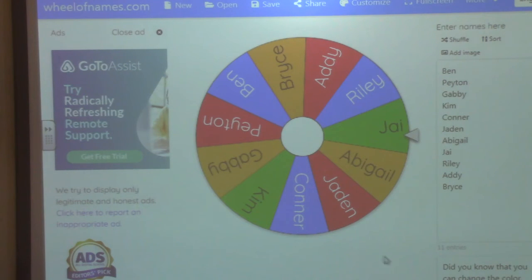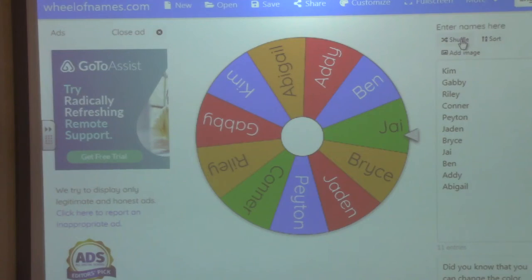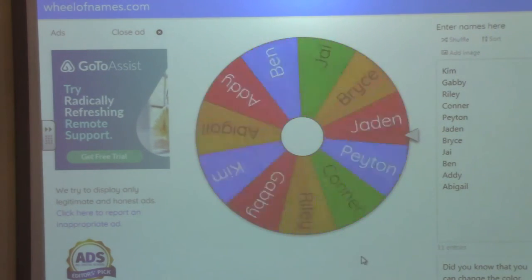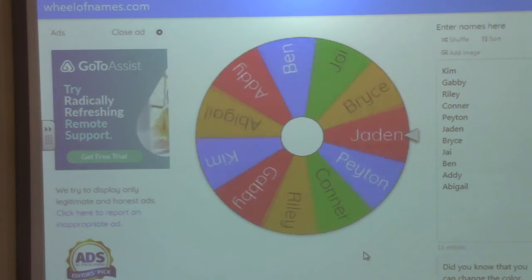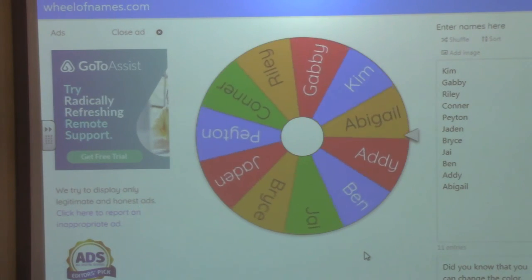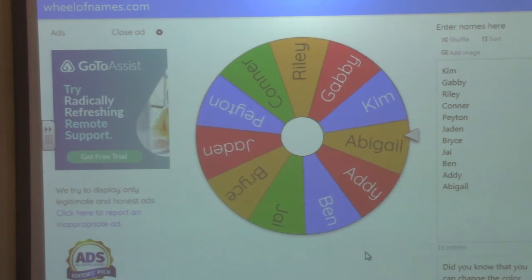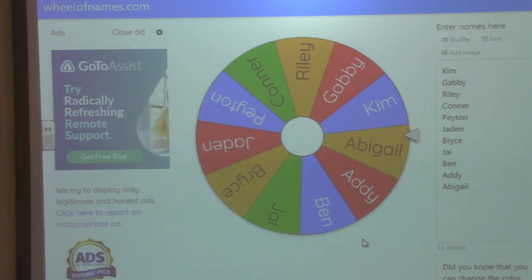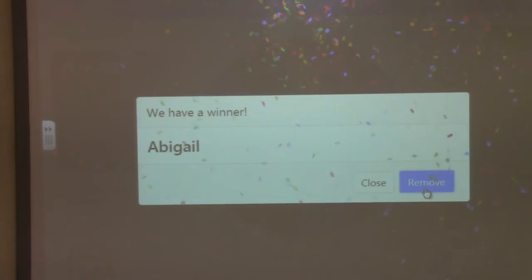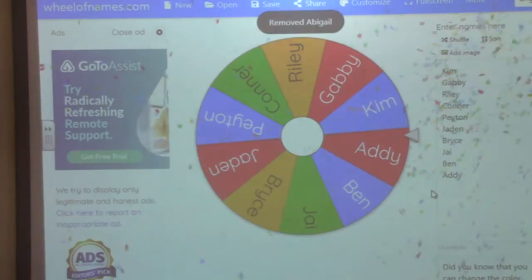Okay, now I want to shuffle this up a little bit here. Here we go. Peyton. It's going to be Abigail. I know Abigail's ready because we were working on that, right? Abigail, you got chosen here.